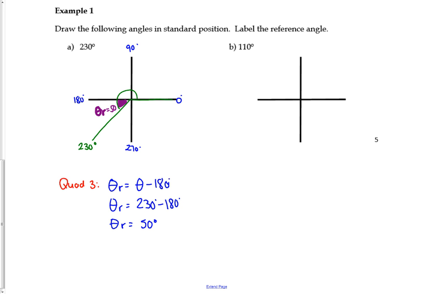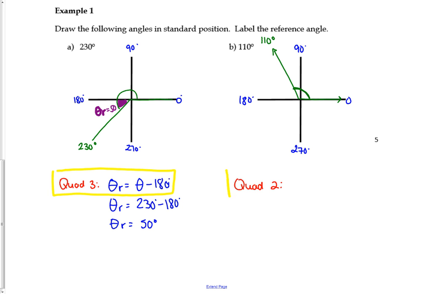Try the next one. Draw 110, determine the reference angle. Okay, so remember your reference angle is the bow tie angle.